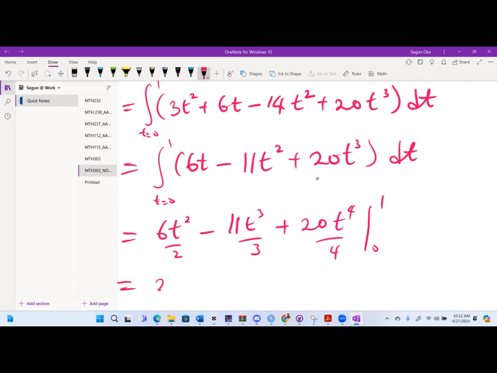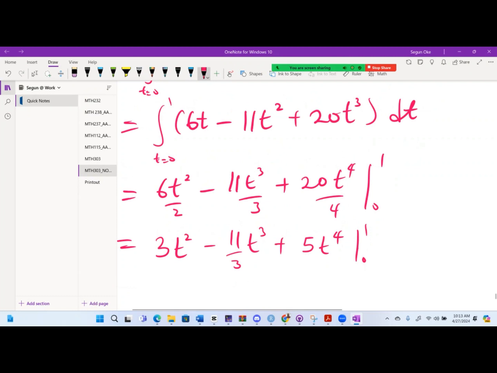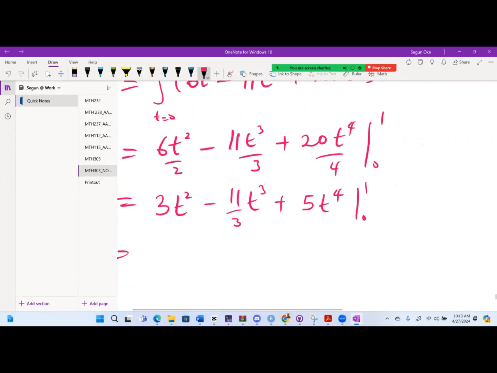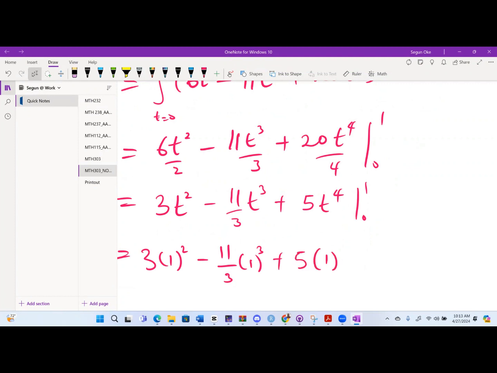I have here 3t squared minus 11 over 3 t cubed plus 5t to the fourth, from 0 to 1. Substitute my limit: 3 of 1 squared minus 11 over 3 of 1 cubed plus 5 of 1 to the fourth.